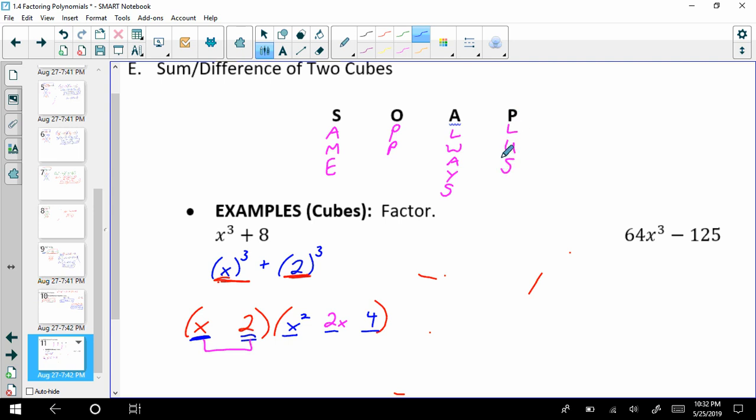So what I mean by this: the first operation in the very first set of parentheses will be the same sign as what it was in the problem, plus. The next operation will be opposite of that, minus. The final operation is always plus. This is the factored form.